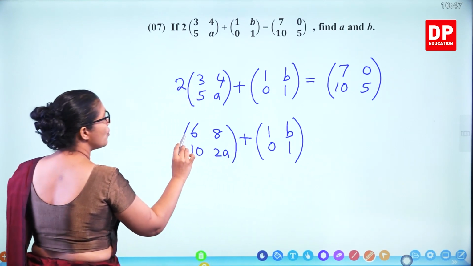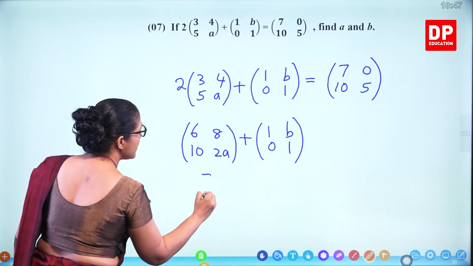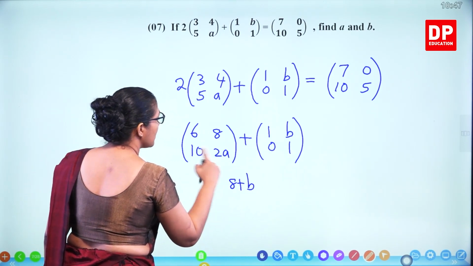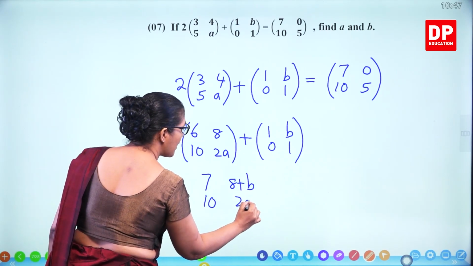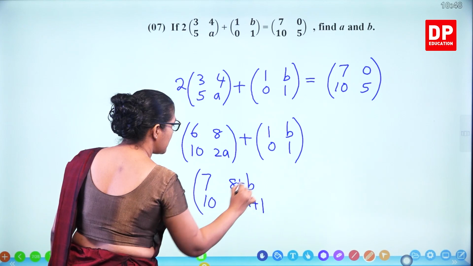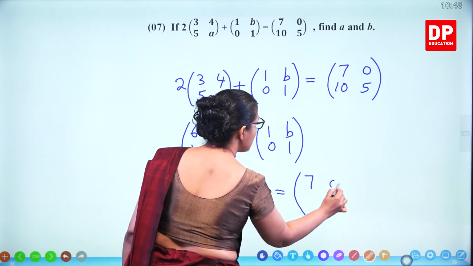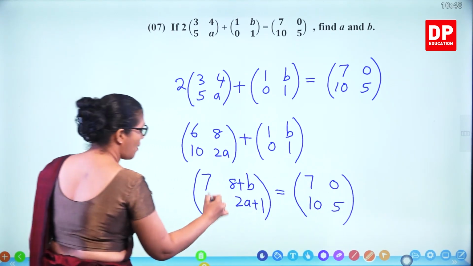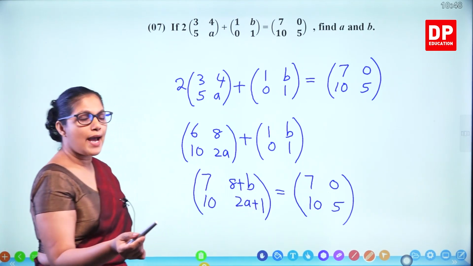this matrix. So corresponding elements 6 and 1 you can add, that's 7. 8 and B, 8 plus B. 10 with 0, 10. 2A and 1, 2A plus 1. So this is given that it's equal to 7, 0, 10, 5. Now these two numbers are the same. Now you can compare.